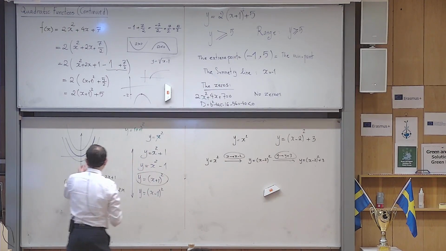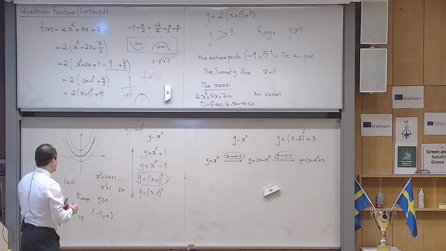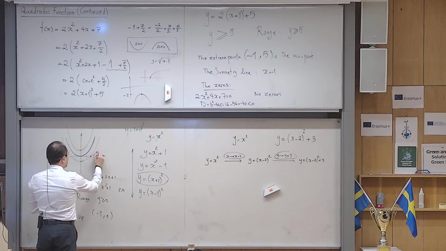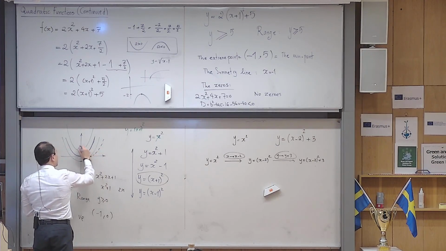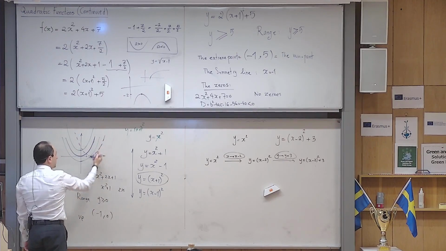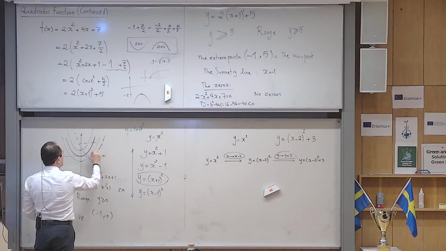If I want to draw it, it is not that easy, but we will do it using GeoGebra. First, I go 2 units to the right. The drawing is not that easy, but you can imagine it. And then this dotted line should be shifted 3 units upward. So it comes here.